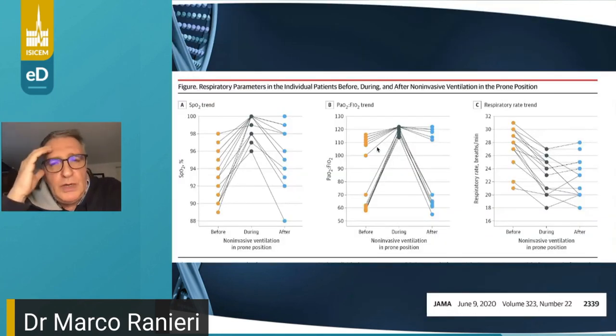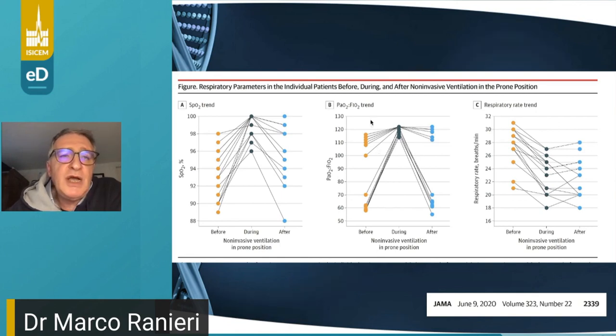But I want to conclude with 2 studies that were extremely interesting, I believe, in the very early days of COVID-19. And it's the use of prone positioning in patients on non-invasive ventilation. And you see how, if you look at oxygen saturation, PF ratio, and respiratory rate, the use of proning was associated with a significant improvement in oxygenation and a reduction in respiratory rate, so making non-invasive ventilation more effective.